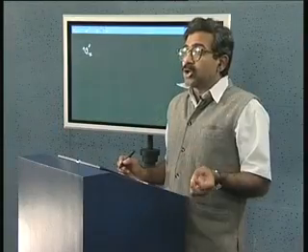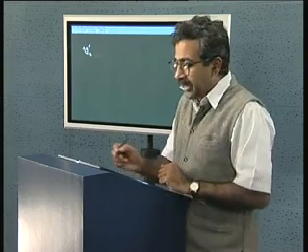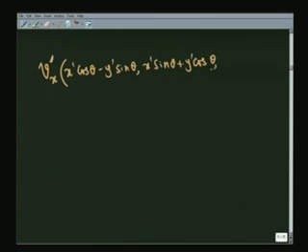But just now we wrote down the transformation formula for x, y, z in terms of x prime, y prime and z prime. Therefore, what is x? x is nothing but x prime cos theta minus y prime sin theta, comma, y is x prime sin theta plus y prime cos theta, and then of course z, which is equal to z prime.